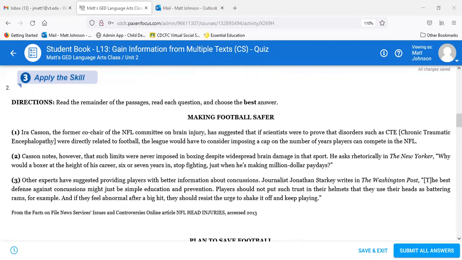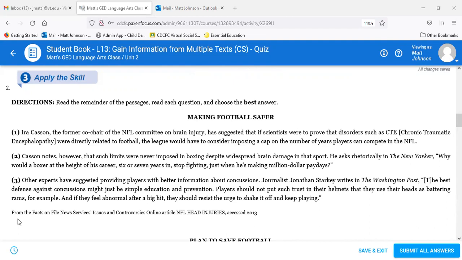Other experts have suggested providing players with better information about concussions. Journalist Jonathan Starkey writes in the Washington Post, the best defense against concussions might just be simple education and prevention.